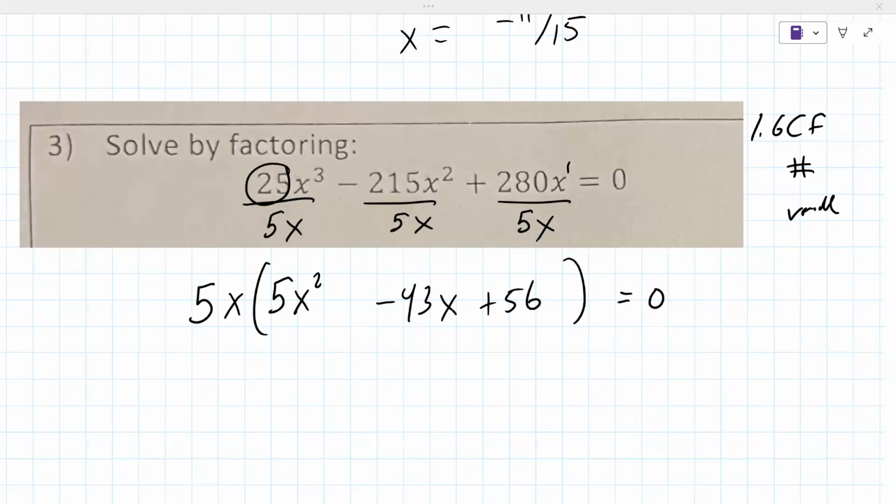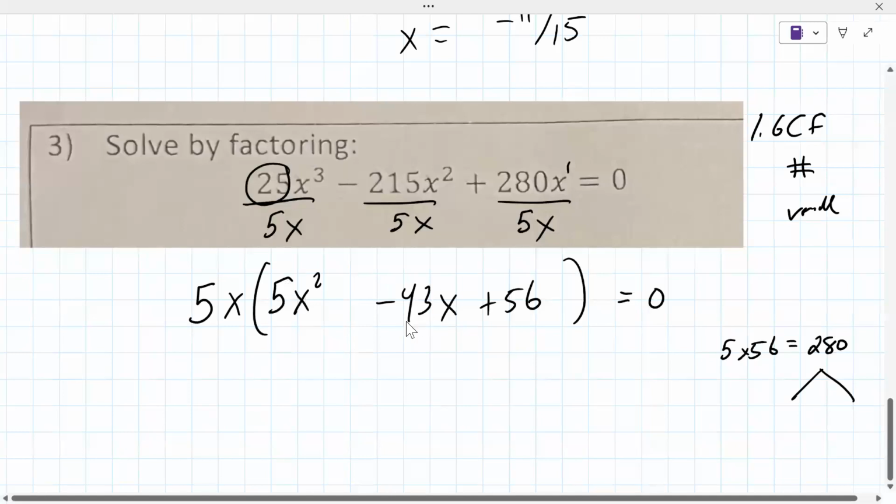Because the number in front is not a 1, you have to multiply this 5 by 56, which is 280. It's like going backwards. But you're trying to find two numbers that multiply to 280 but add to negative 43, or you could choose positive 43.